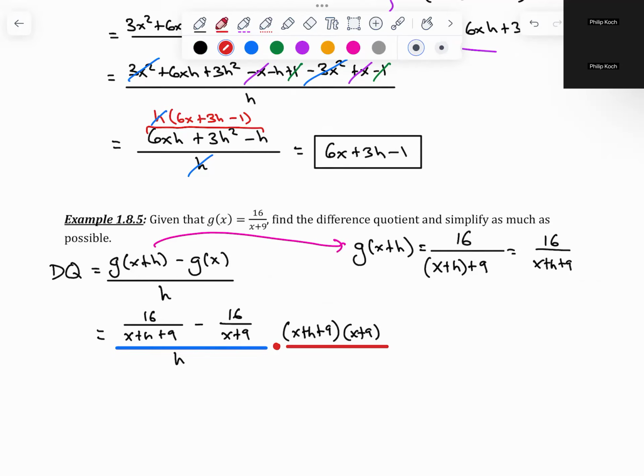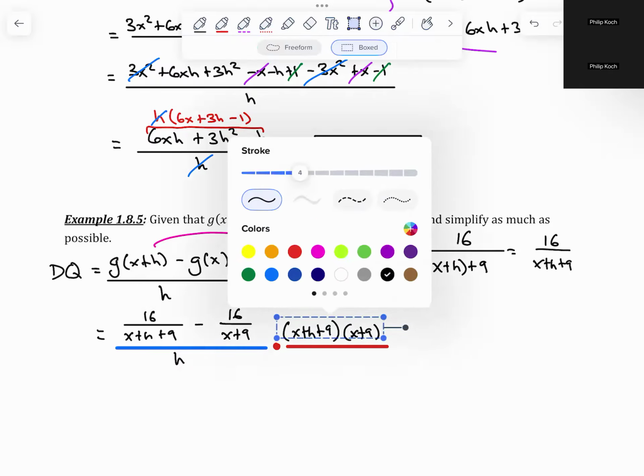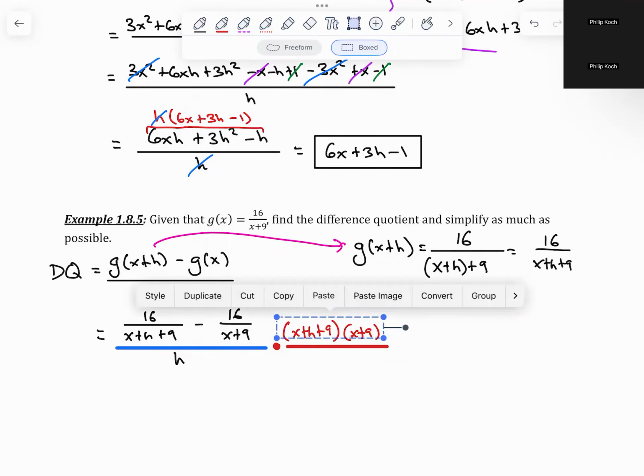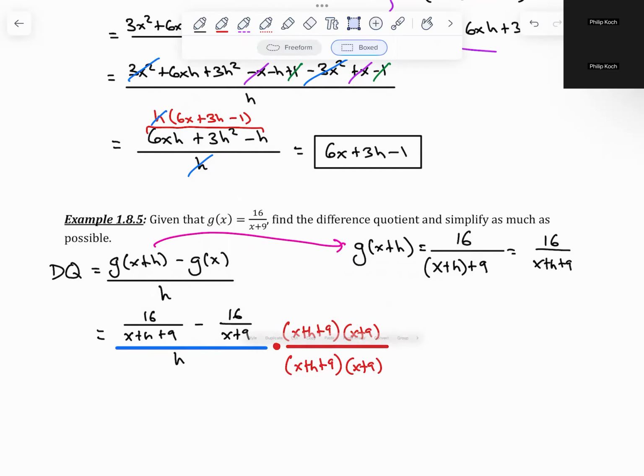I forgot to make that in red. We have to do this to both the numerator and the denominator. I wish my calculus students did it this way. I usually have to do it the old-fashioned way, and it takes a lot longer. This will be faster, as you'll see in just a moment.